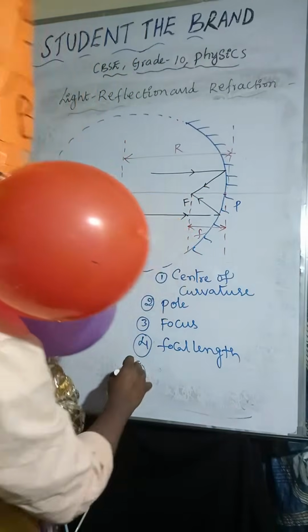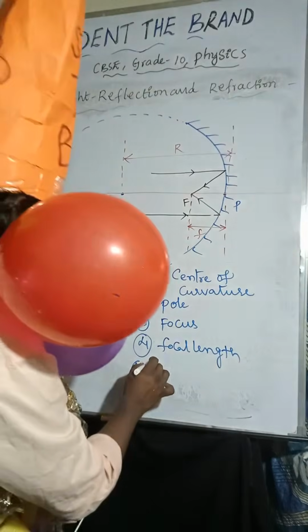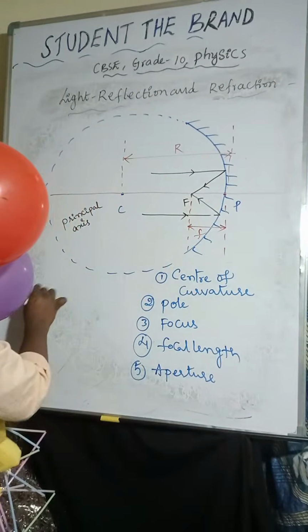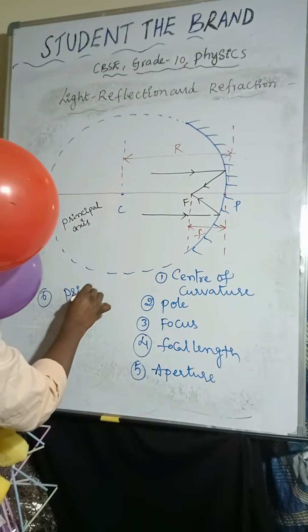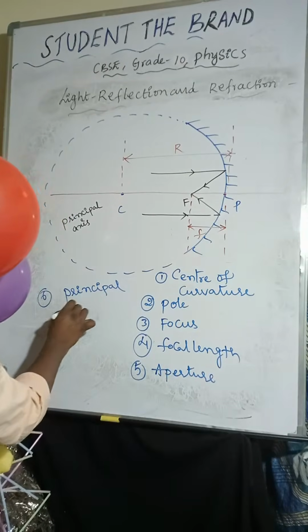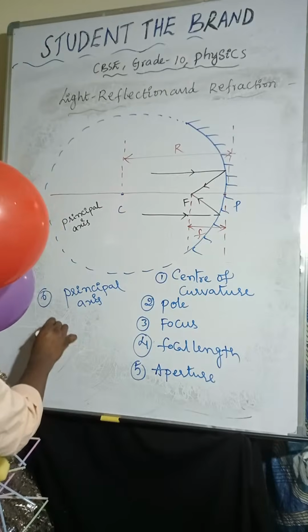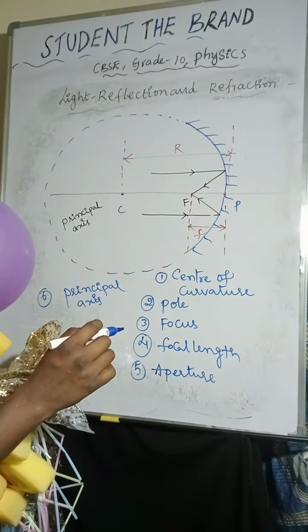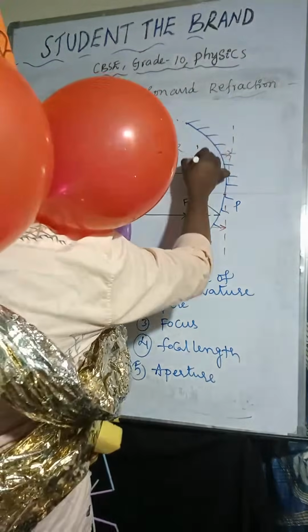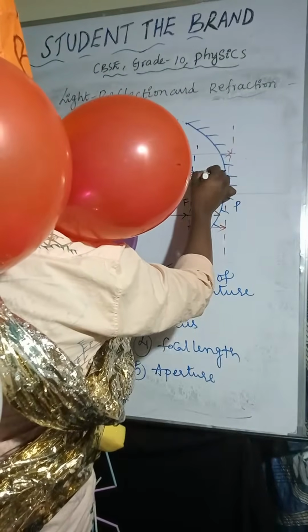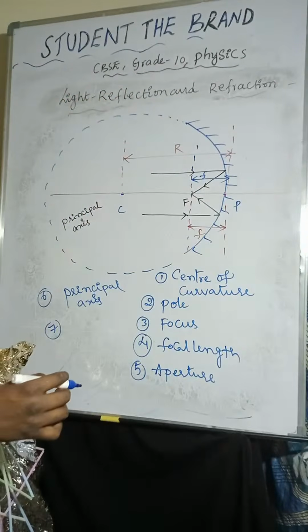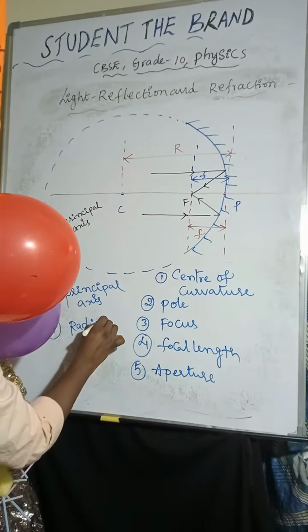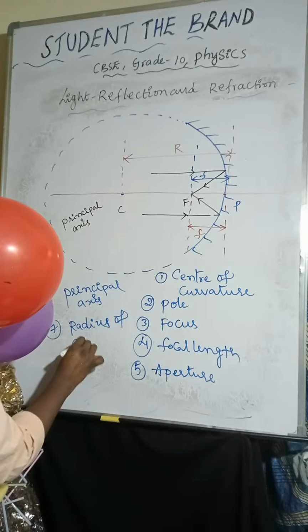Fifth is aperture. Sixth is principal axis. And seventh is radius of curvature.